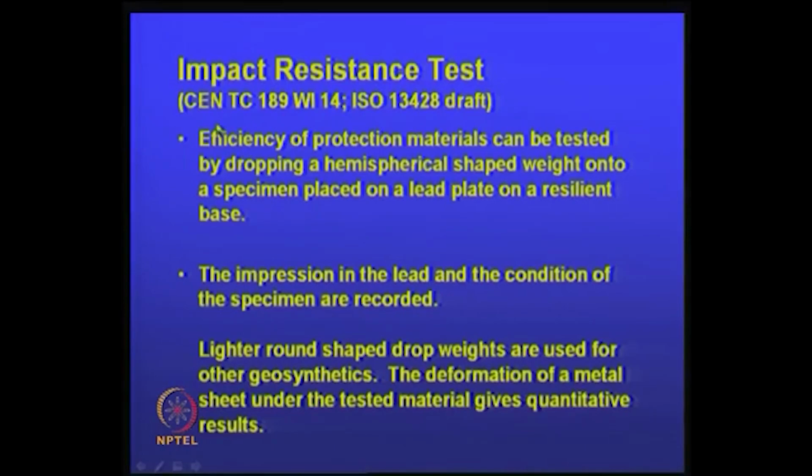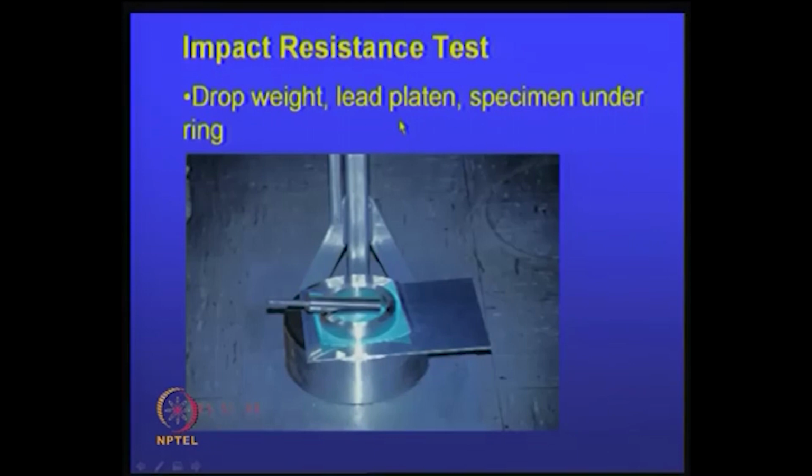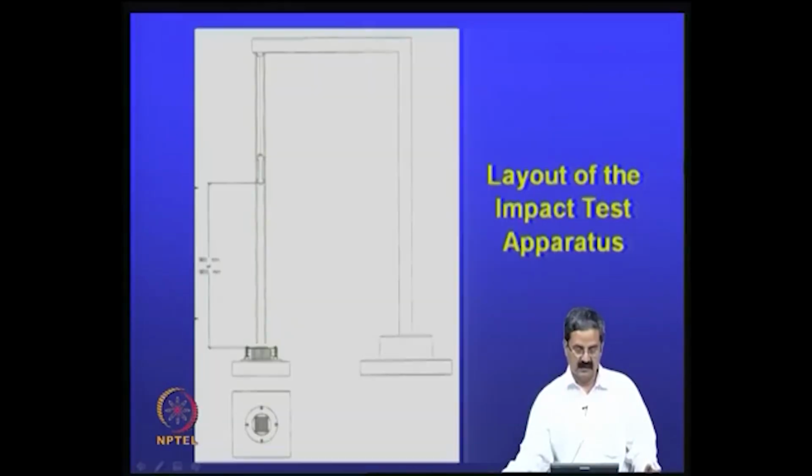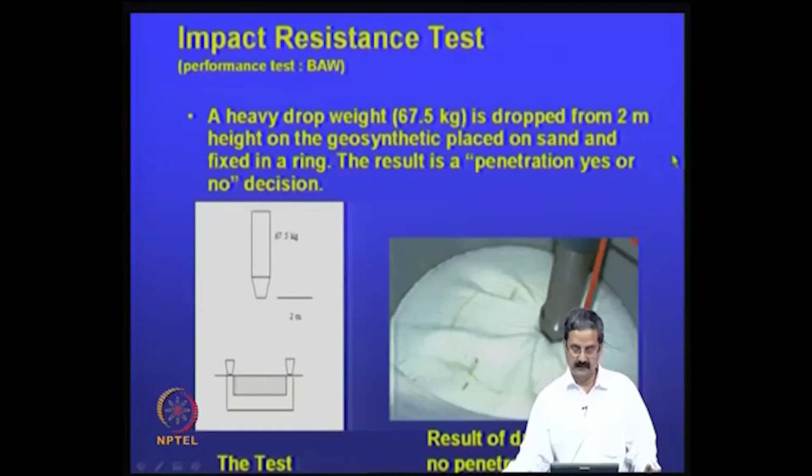This test is in many of the standards here, ISO standards as well. This is how it is done, as I just mentioned: a small drop weight, lead platen, specimen and ring.